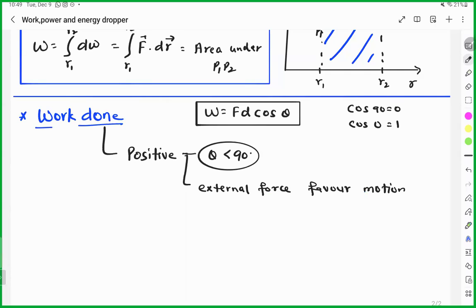So in this case, work done will be positive. Correct? Free fall under gravity. So gravity acts in the downward direction, the body is also moving in the downward direction, so it is a positive one. Example, if you stretch a spring, you stretch it out, and displacement is also in the same direction. So you will get positive work done. Right?